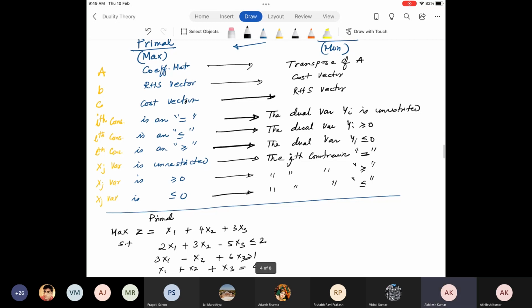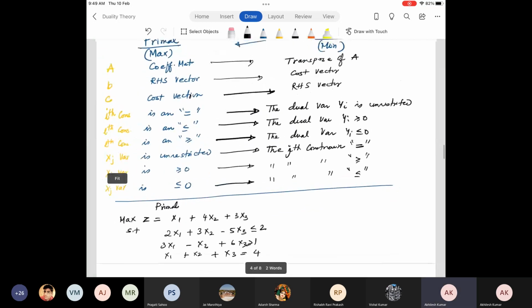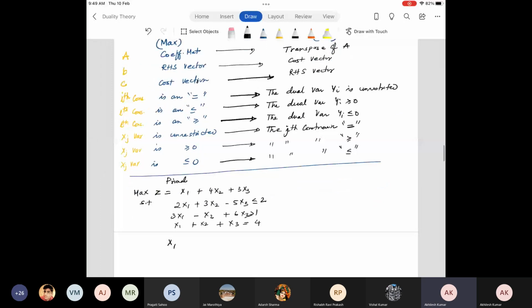As far as variables are concerned, x1 is greater than or equal to 0, x2 is less than or equal to 0, and x3 is unrestricted.